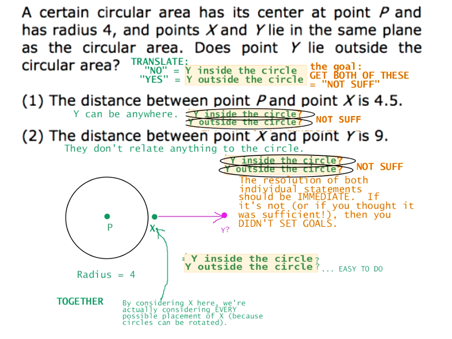Now you want to try to get inside the circle. That's the only case left to try for. Well, see, the problem here is that X is only half a unit away from the circle.